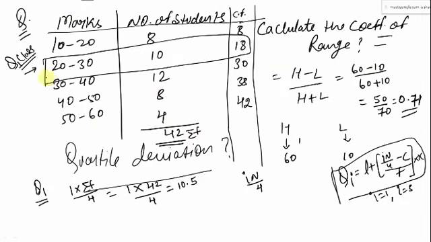Since this is quartile 1, L is the lower limit of the quartile class, which is 20.